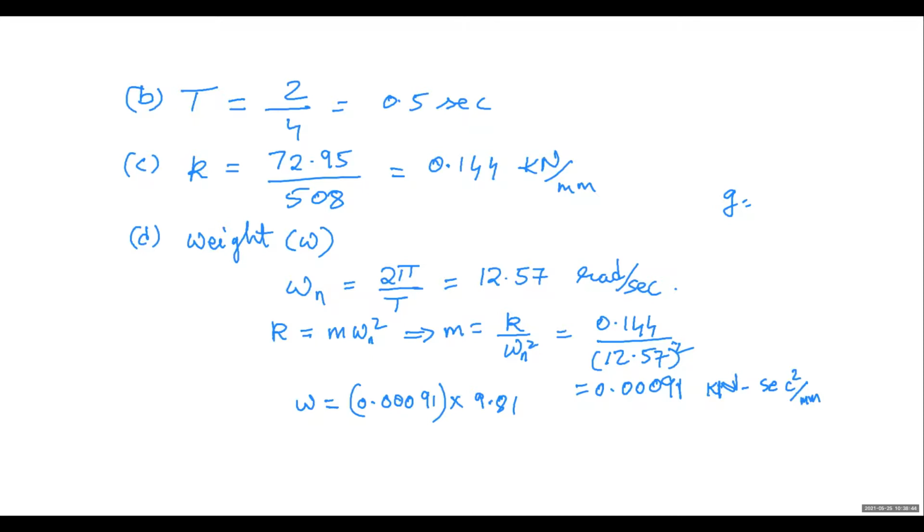This is in meters per second square. And this we are having here per mm, so it should be multiplied with 1000 because that is in mm. Second square, then it will convert to meter and that will be cancelled. So into 1000, 10 power 3. This will give you 8.9 kilonewton.